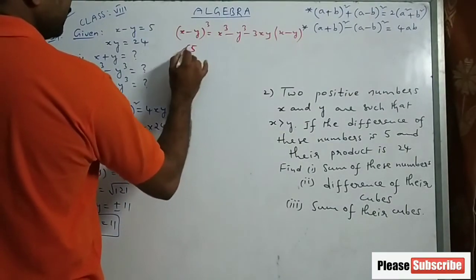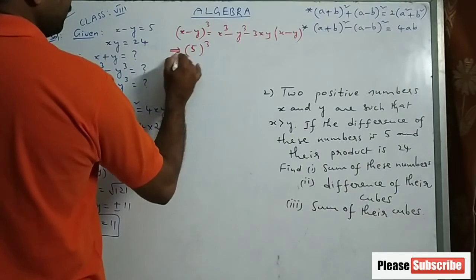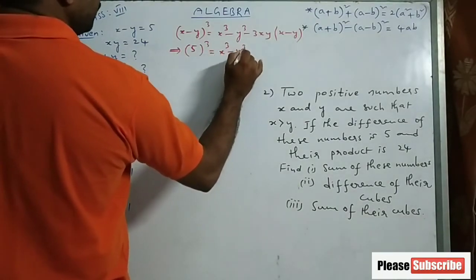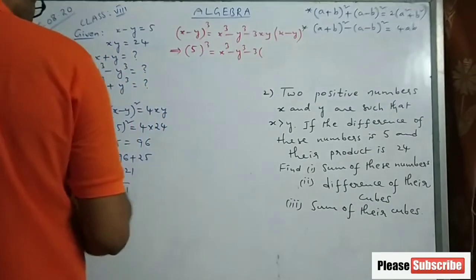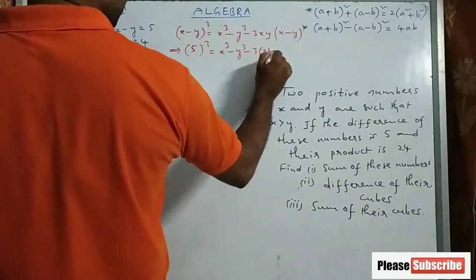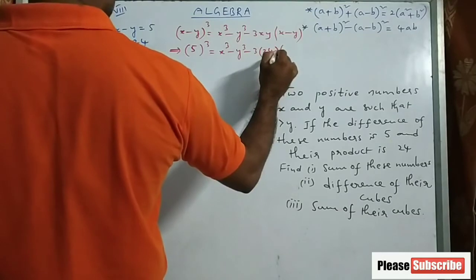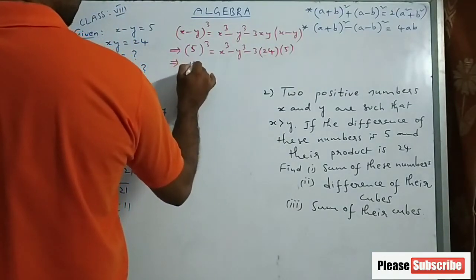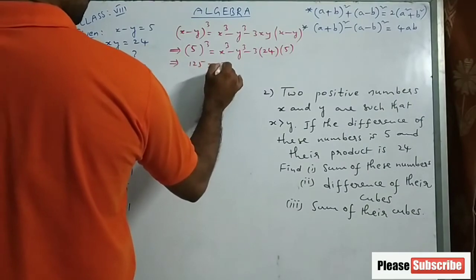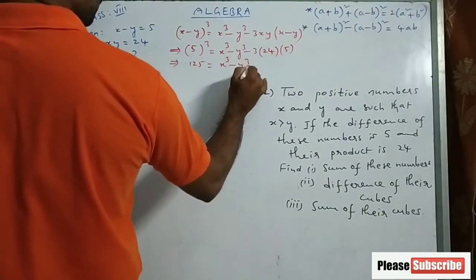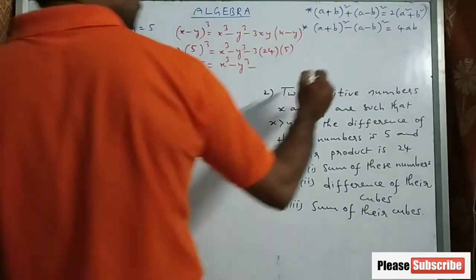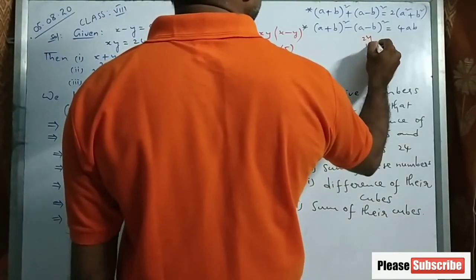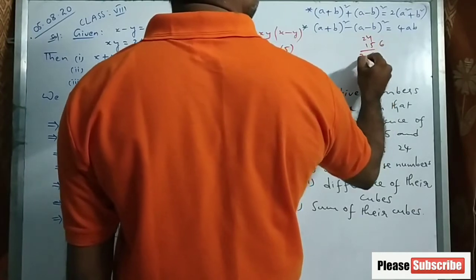Already x minus y is 5, and I must find x cube minus y cube. 3 into, what is the value of xy? 24. x minus y is 5. 125 equals x cube minus y cube minus 24 5s, 24 15s, 360.